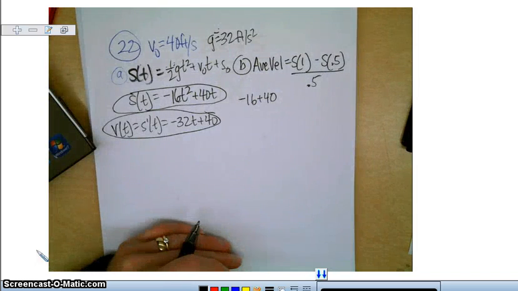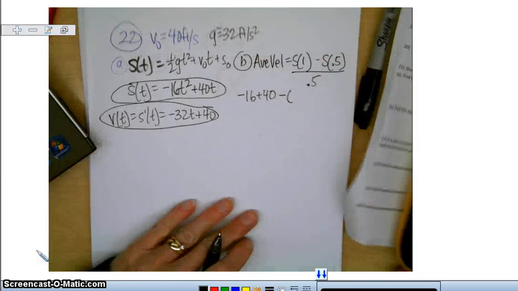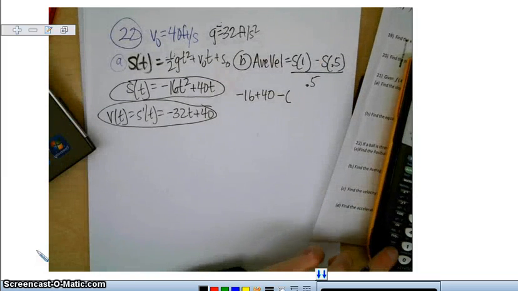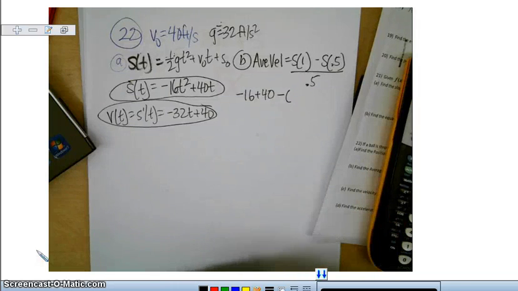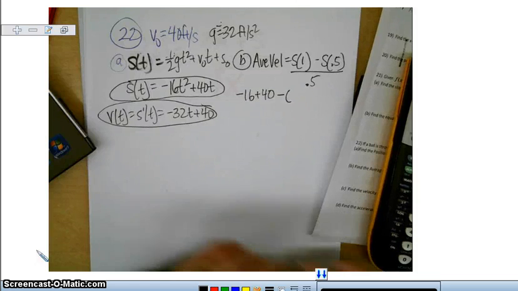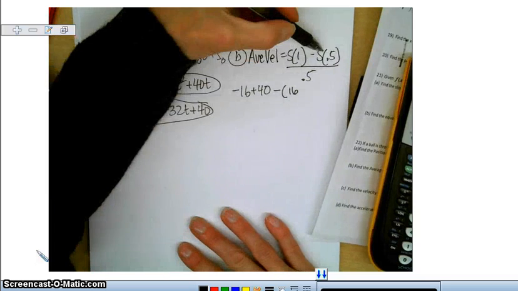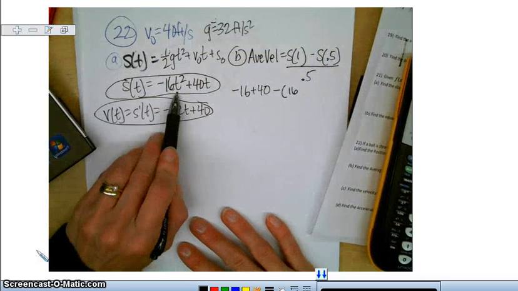And if I put 0.5 into my position function, I'm just going to plug it into a calculator here. So negative 16 times 0.5 squared plus 40 times 0.5, and this gives me 16. So to get this, I plug 0.5 into this.